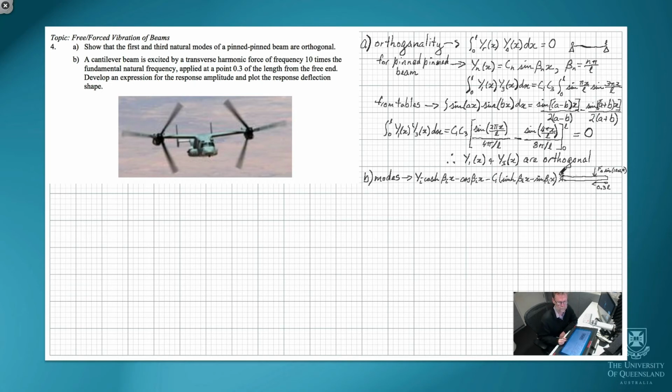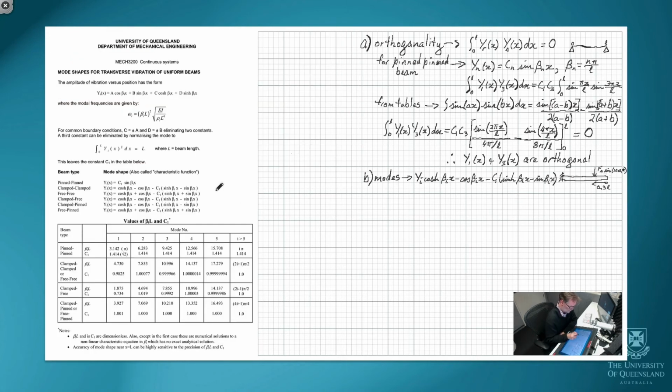All right. So again, that's straight from your handout. So this is our beam handout, and we can look up for a clamped free beam, which is a cantilever. There's our mode shape equation.